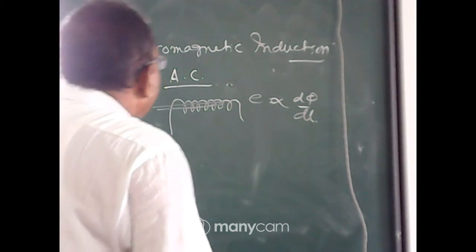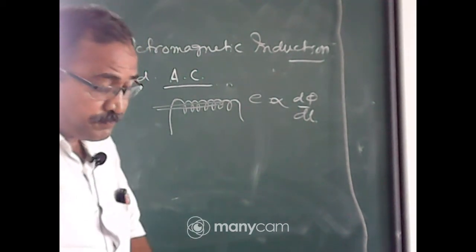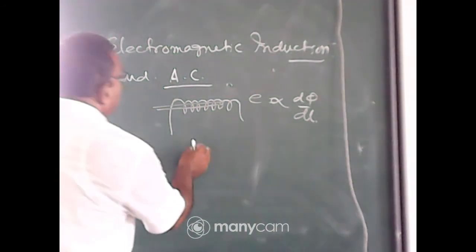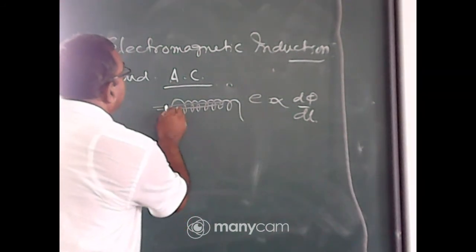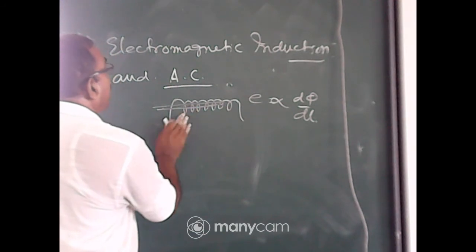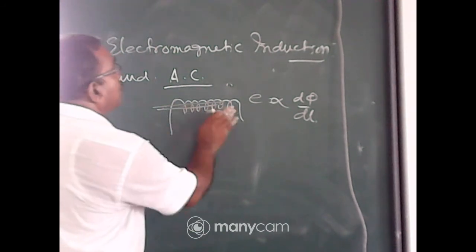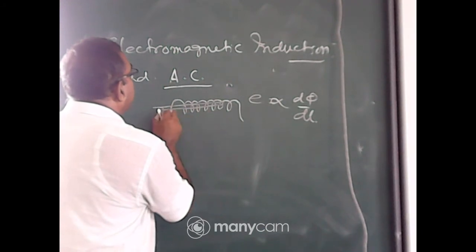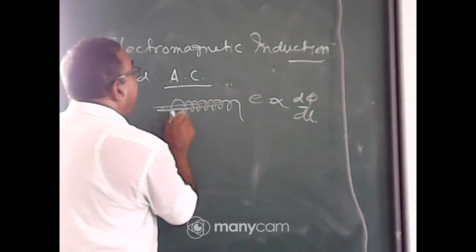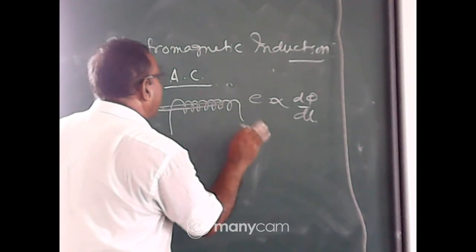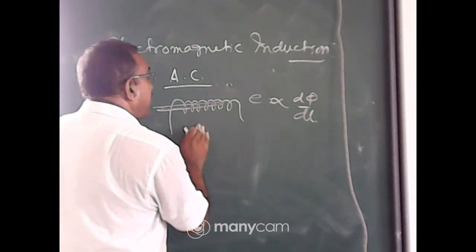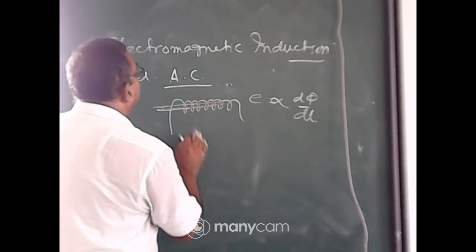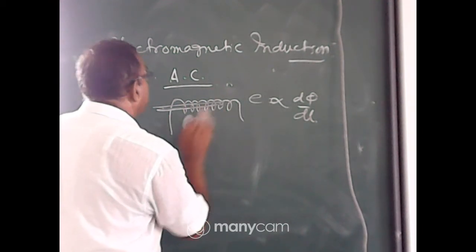Because you know it, when the magnet is just nearer to this coil, if the coil is at rest and the magnet is moving through the coil, this motion of the magnet in the coil creates some current, the induced current. The direction of the current will be, you see here.